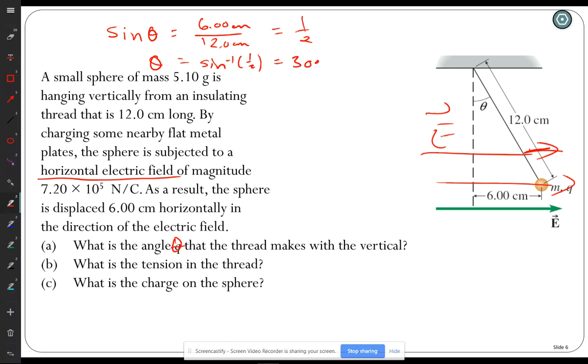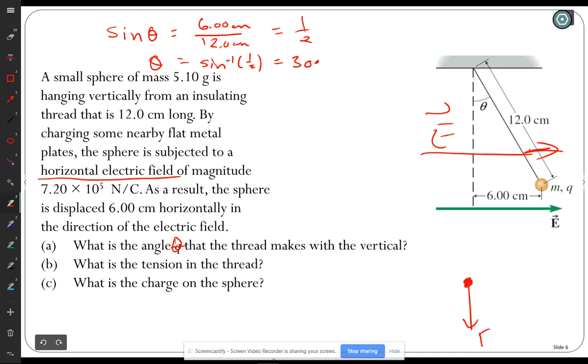Part B, what's the tension in the string? What would you do to find the tension? Okay, Nathan's method is perfect. Start with your free body diagram. What forces are acting on this?